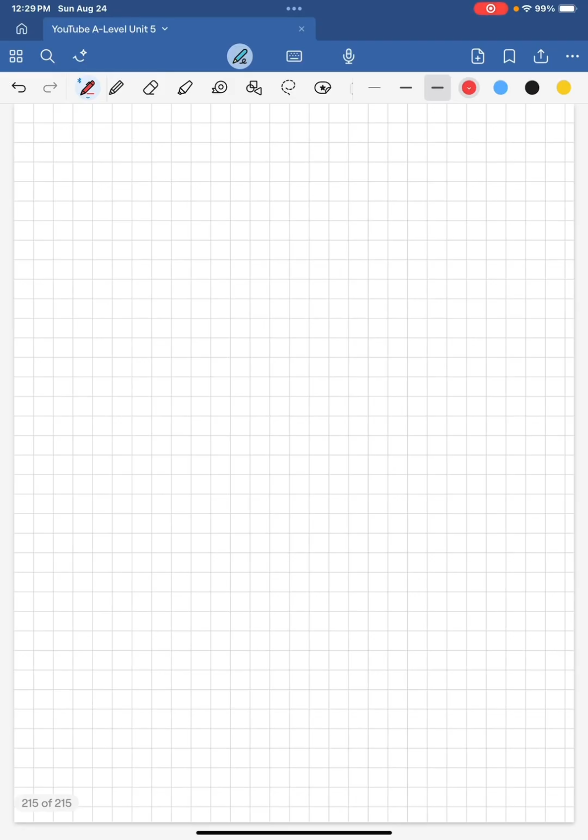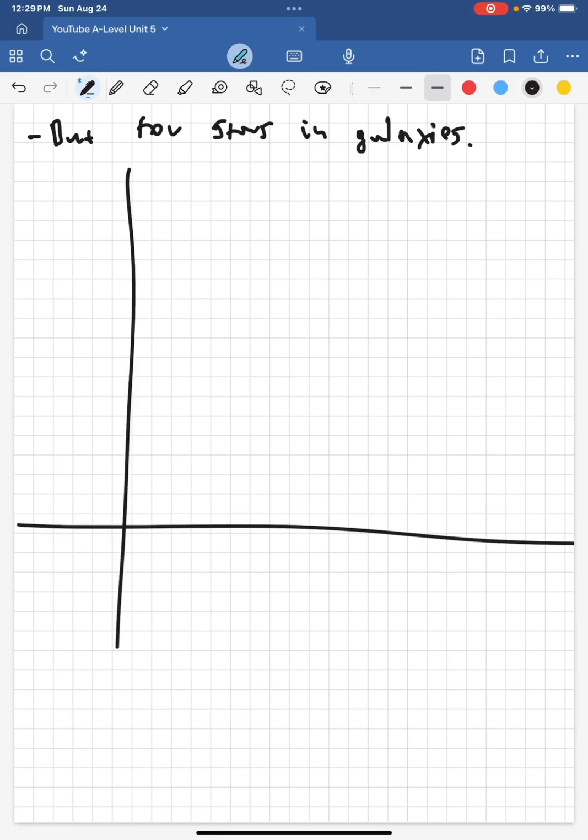But Vera Rubin found this: for stars in galaxies, the plot looks like this. This is the velocity, and the distance from the center. She found something like this. So V is constant, which was a crazy finding, okay?